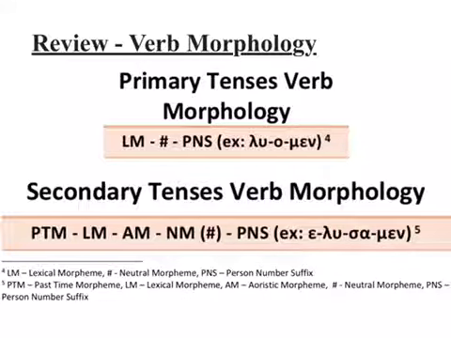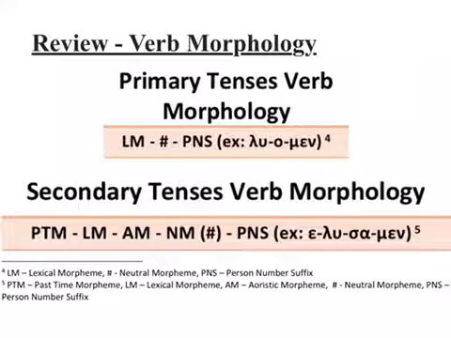So the easiest way to understand verbs is looking at the verb morphology, and that's why I have this up here. So under the primary tenses verbs, what we've learned so far is the lexical morpheme, the neutral morpheme, and the person number suffix morpheme. So luomai. Lu is the lexical morpheme, the omicron is the neutral morpheme, and the mai would be the person number suffix.